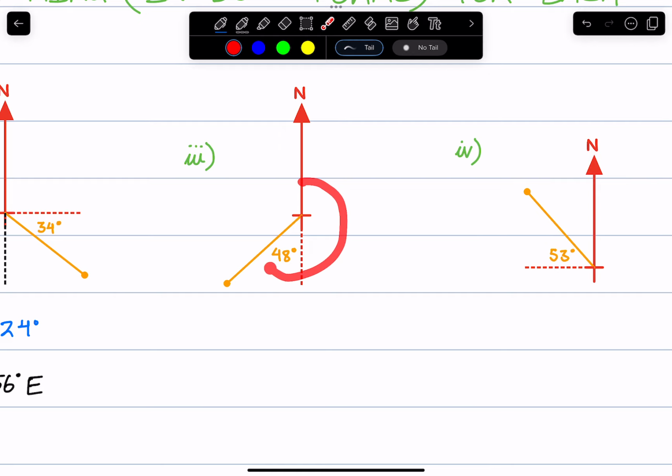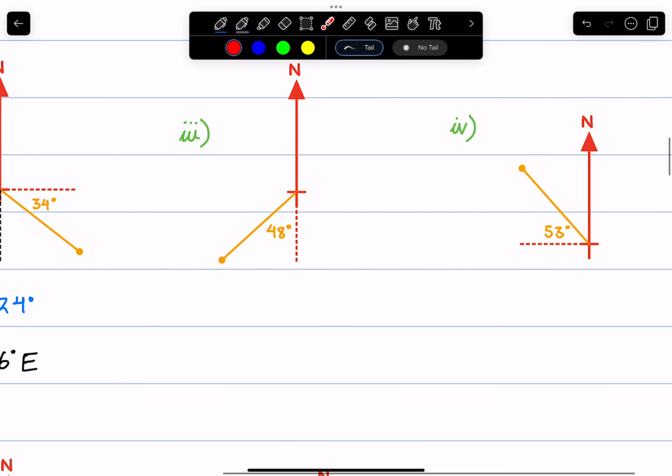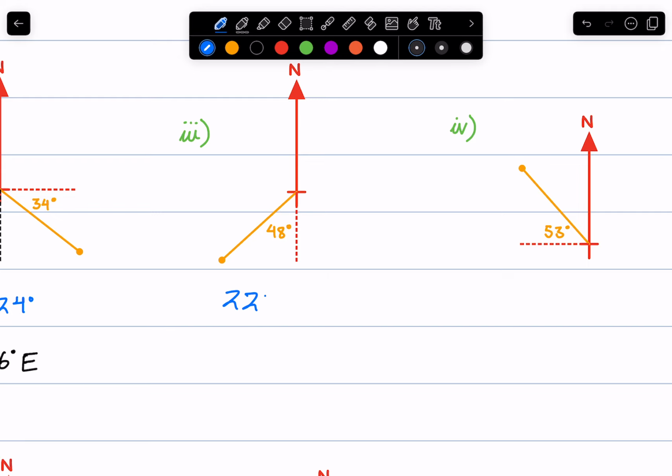How many degrees is that curve? Well, we know that this is 180, and then we need to turn a further 48 degrees. So that would be 180 plus 48, which would be 228 degrees. That would be the true bearing for this.